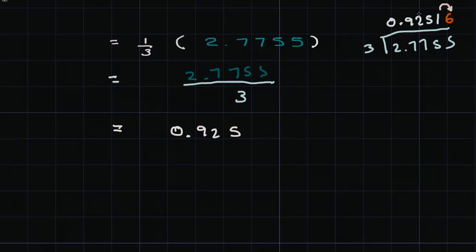So 6 is bigger than 5. Then what do you do? When you round it to 4 decimal places, you've got to add 1 to 1. Why is that? Because the next digit is bigger than 5. If it's 5 or bigger than 5, you add 1. So that's the way to round a 5 decimal place number to a 4 decimal place number. So it's 0.9252.